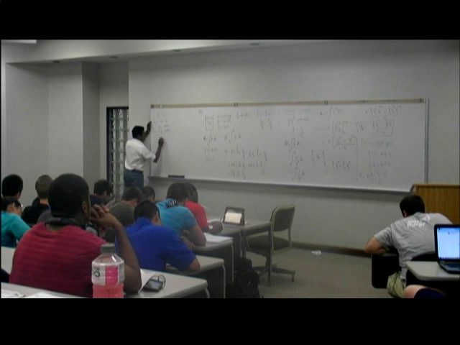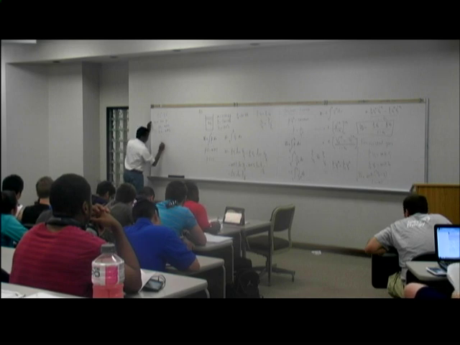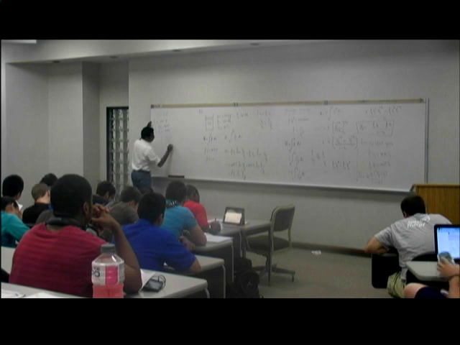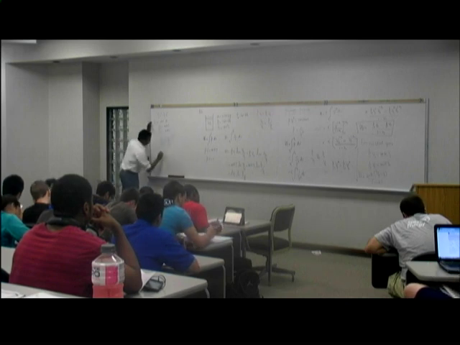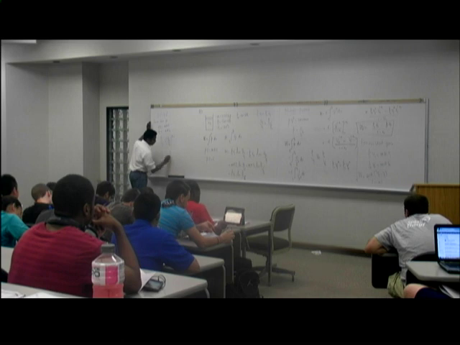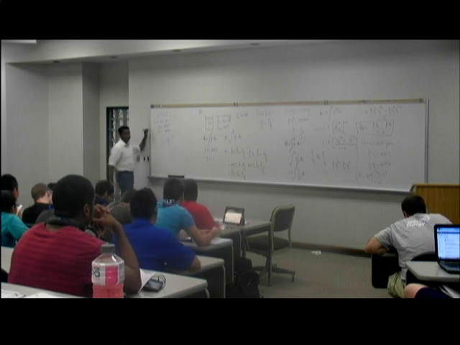Those are: T1 over T2 equals V2 over V1 to the power n minus 1, and I can derive T1 over T2 equals P1 over P2 to the power n minus 1 over n.